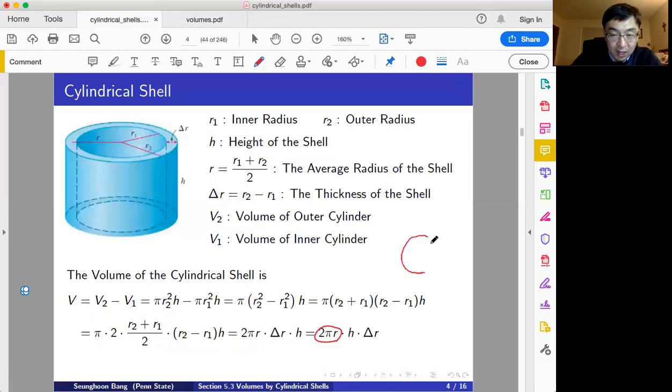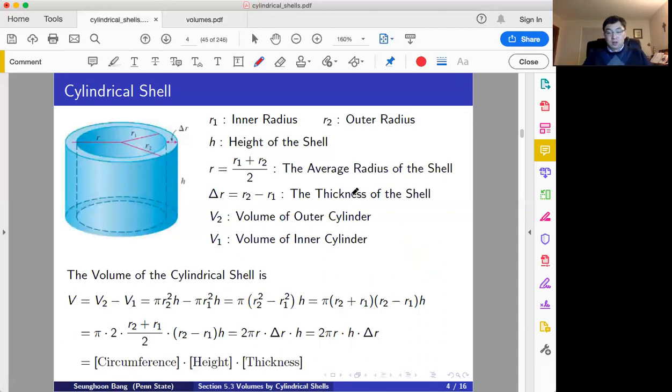We have a circle with radius R. The circumference is 2 pi R. The H is height. The delta R is thickness. This is a formula: the circumference times height times thickness. So we have the volume of the cylindrical shell.